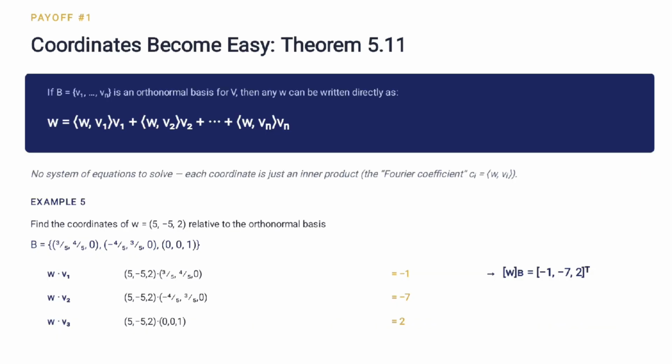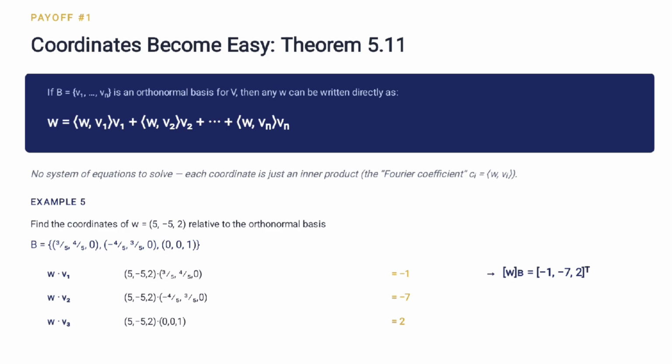A useful corollary is that if we have n orthogonal non-zero vectors in an n-dimensional space, they already form a basis. One major advantage of an orthonormal basis is that finding coordinates becomes much easier. Instead of solving a system of equations, we simply compute the inner product of the vector with each basis vector. Each inner product directly gives one coordinate.